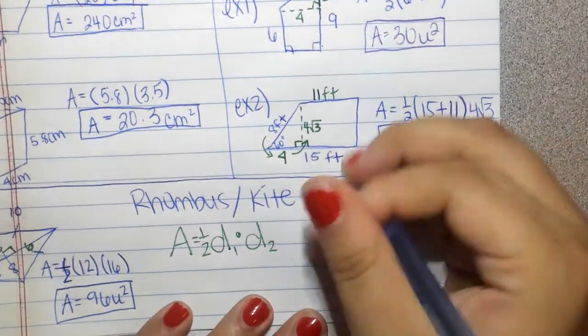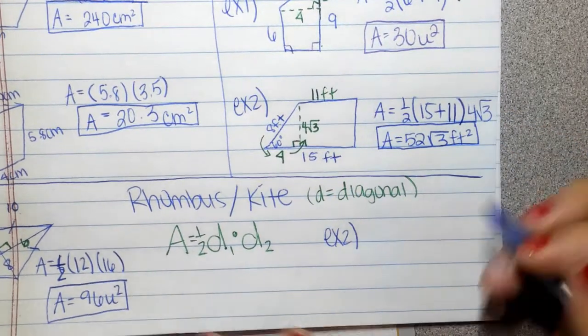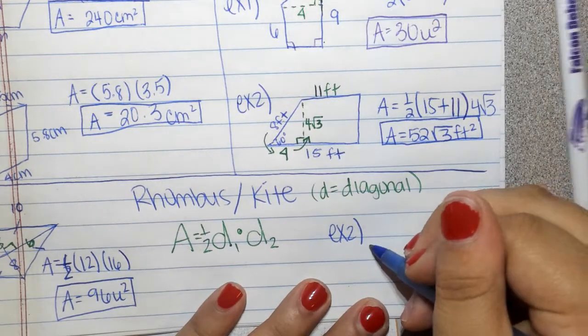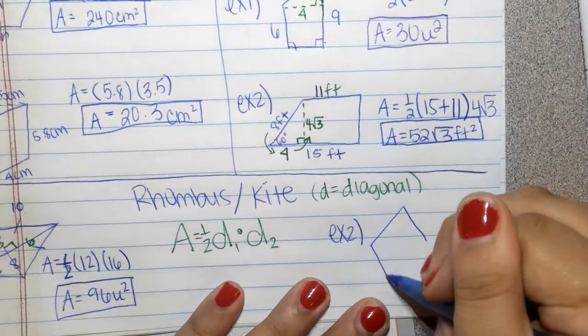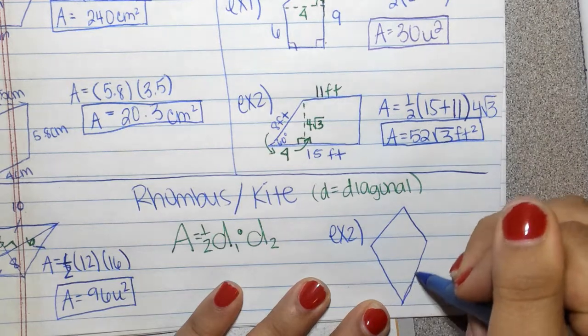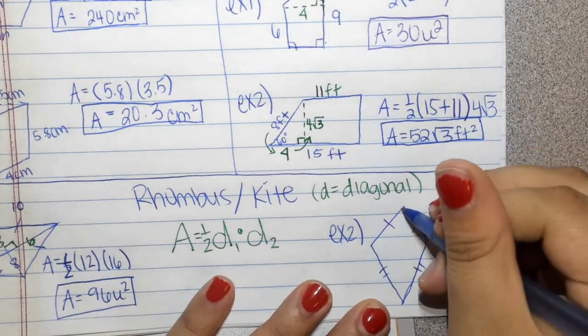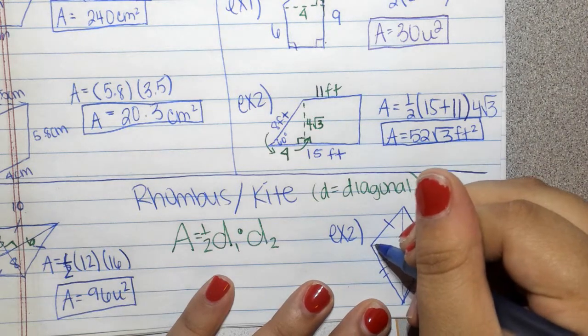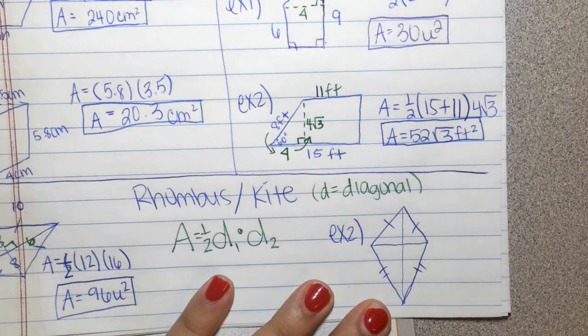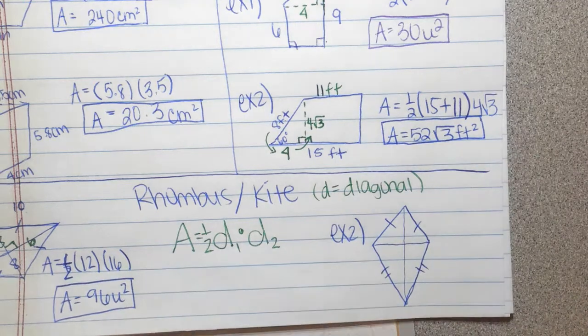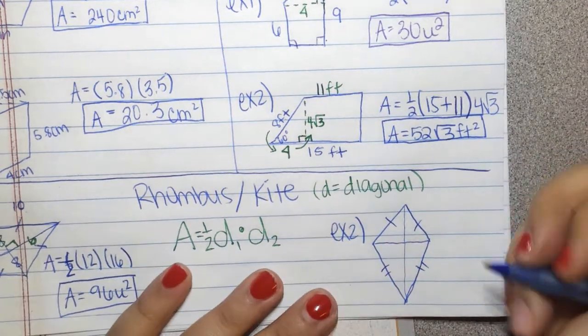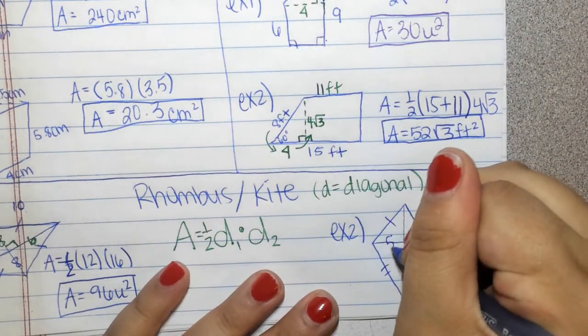Okay. For example 2, I'm going to do a kite. Oops, I should have left more room. Oh well. And I'm going to say this is 5.